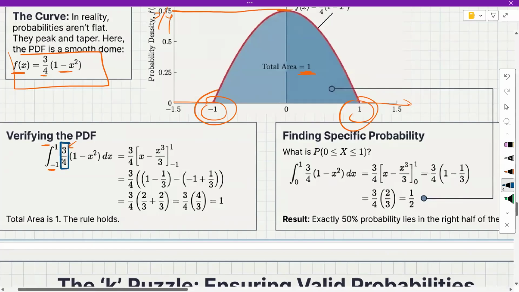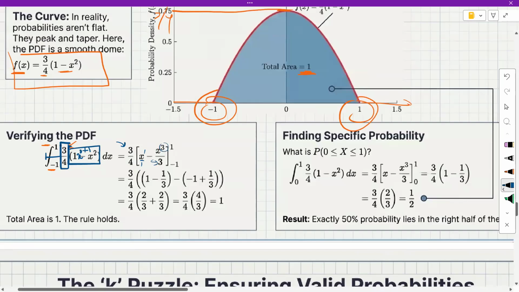Integrating 1 gives x, and x square becomes x cube over 3.